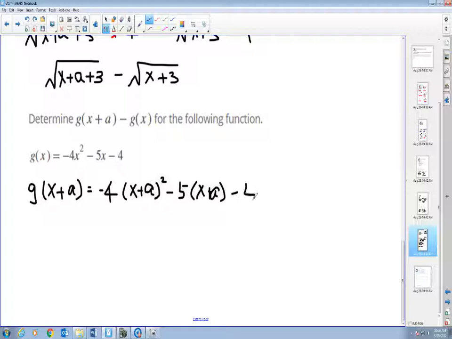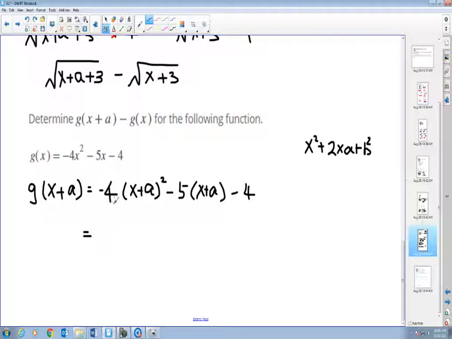Minus 4. All right, so x plus a whole thing squared. So this is another perfect square binomial. So that will actually give me x squared plus 2ab, that will be 2xa plus b squared.